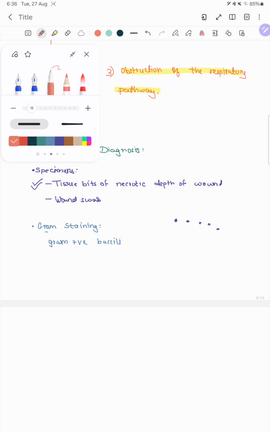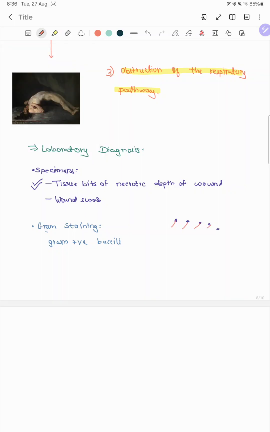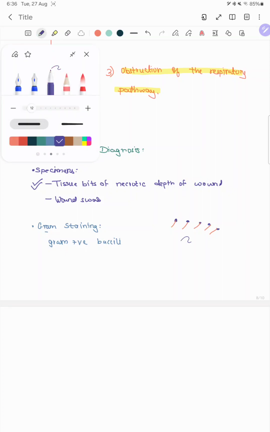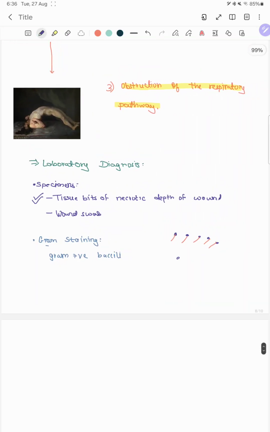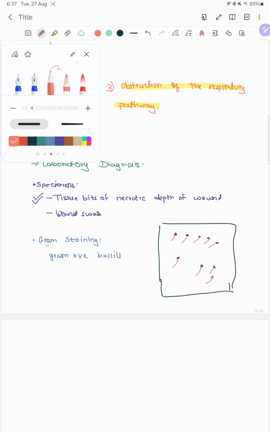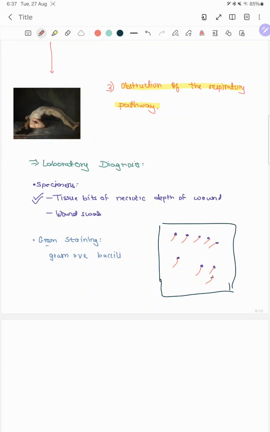Let's take some pink. There are going to be many of these. Suppose this is your slide. You're going to see many of these. Okay, so this is how they are going to be seen.